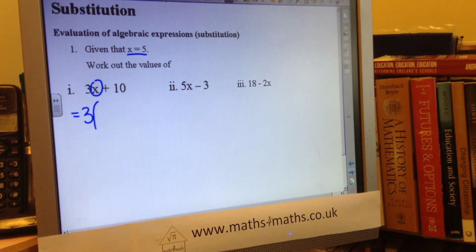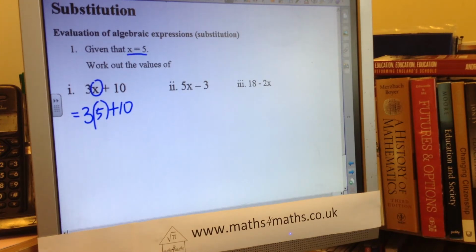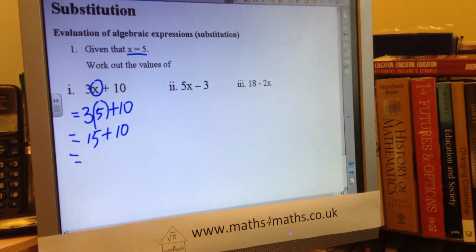So we replace this x here by 5, then add 10. The first thing to do is to do the substitution before doing any working out. So we have 3 times 5 is 15, then we add our 10 to give us 25.